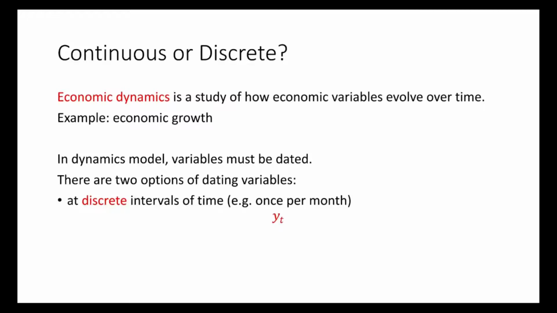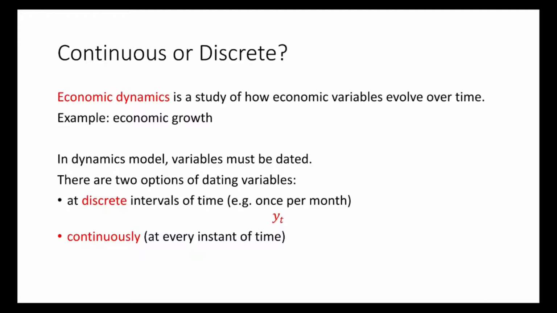Or you can date the variables continuously, so you want to measure the variables at every instant of time. Again, for the example of economic growth, here you want to measure the economic growth at every instant of time.